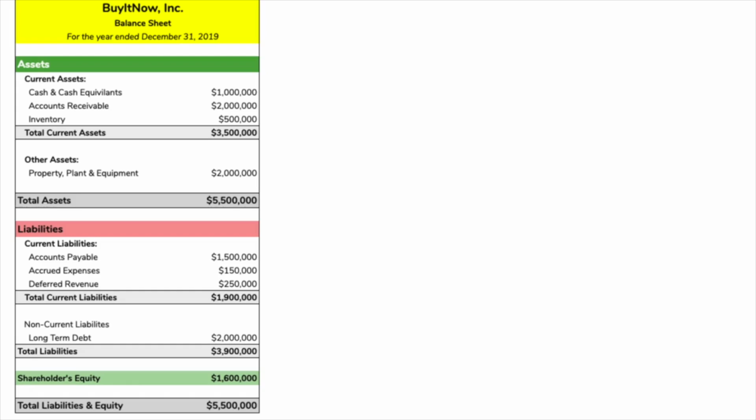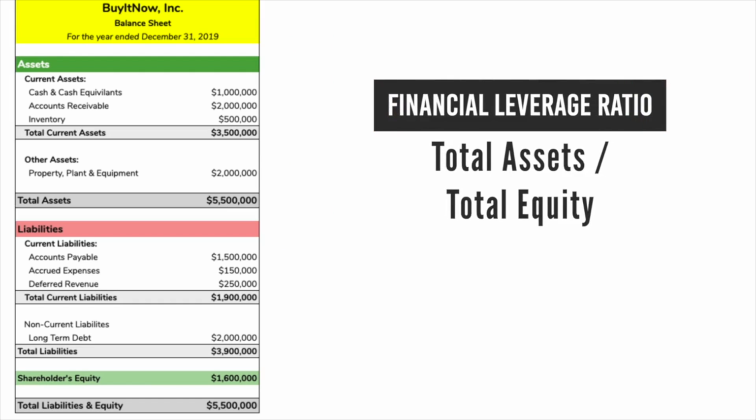Now that we've covered three of the KPIs we want to cover today, we're on to the last KPI, which is the financial leverage ratio. It is very similar to the last KPI we covered, the debt to asset ratio, but this one looks at it a little differently, in terms of a multiple. So let's look at the formula. The financial leverage ratio is total assets divided by total equity.